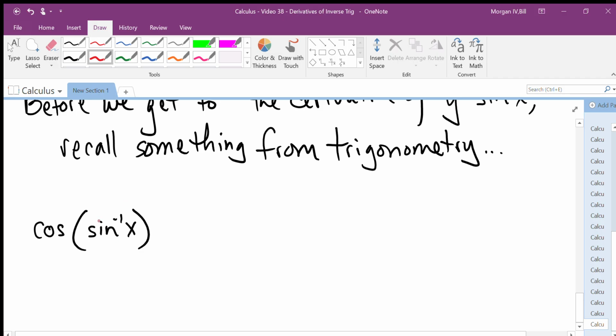Inverse sine of x. What we do for inverse trig functions is we put in values and it gives us out angles. For example, the inverse sine of 1/2 is pi over 6. The inverse sine of 1/2 is pi over 6. And the reason is that the sine of pi over 6 is 1/2.